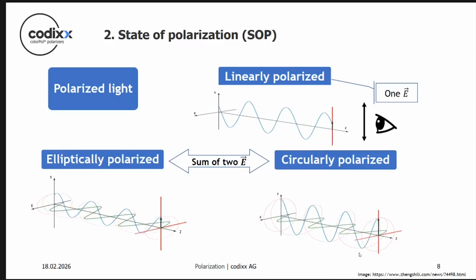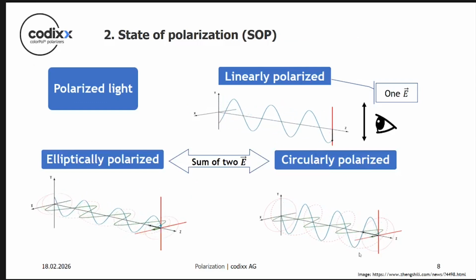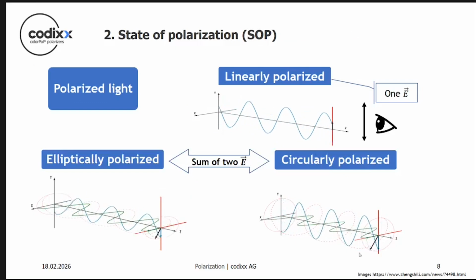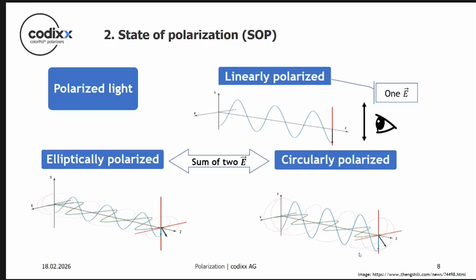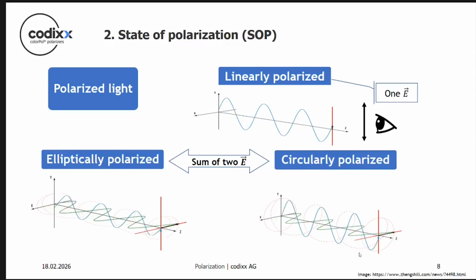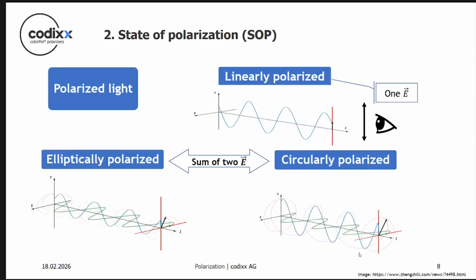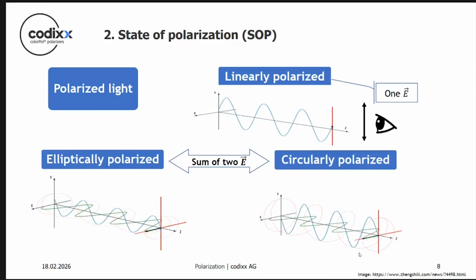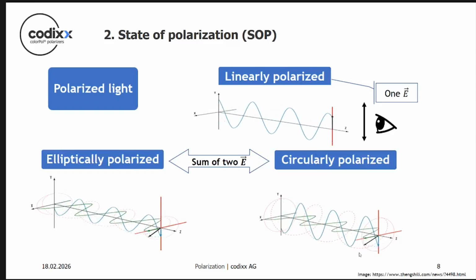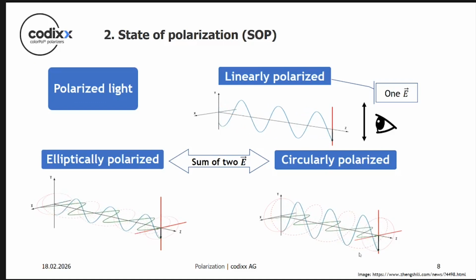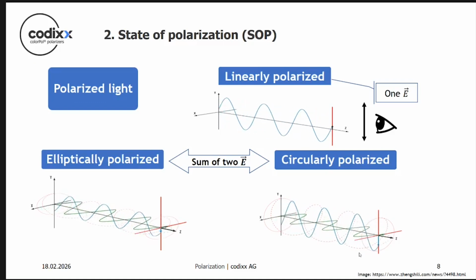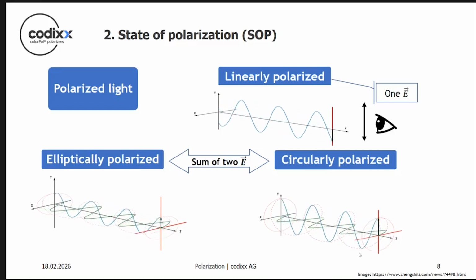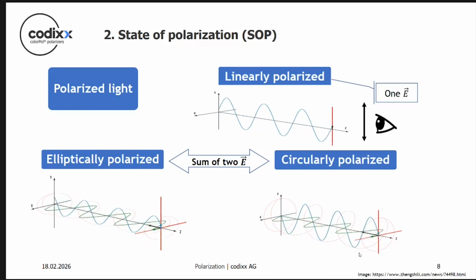The field vector traces an ellipse, a combination of unequal linear components. As I said, this is the most common state in natural light after light interacts with a surface or interference. Basically, all around us, there's polarization happening due to different circumstances, resulting in this elliptically polarized light.